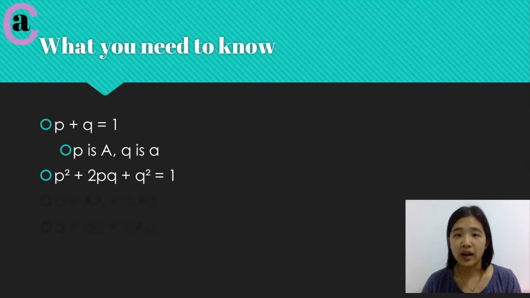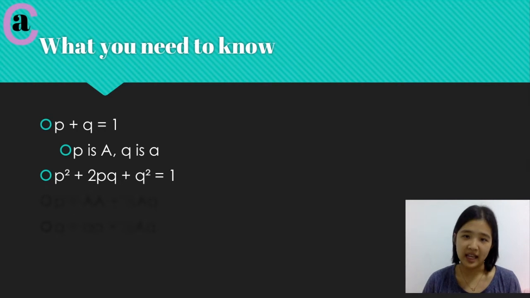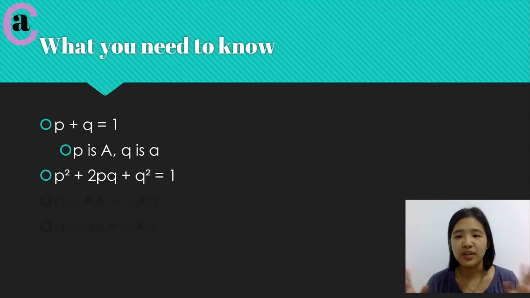So p squared would be individuals who are homozygous dominant, so they have big A, big A. And 2pq would be all the people who are heterozygous for that particular trait. And then q squared is going to be the little a, in other words, the homozygous recessive. And 1 is 100%, the total number of organisms in that population.